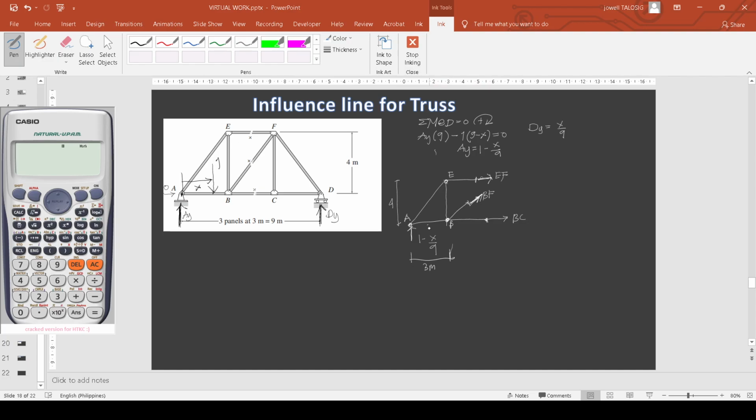Like the first two methods, we need to solve this by segment or by situation.